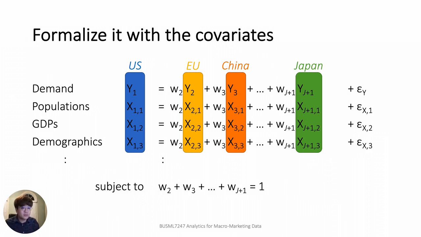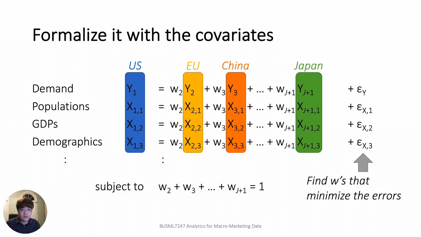For example, the same weight, W2, is applied to the EU, the same weight, W3, is applied to China, and the same weight, Wj plus 1, is applied to Japan for all of the equations. Then the synthetic control method finds the weights that minimize the errors.